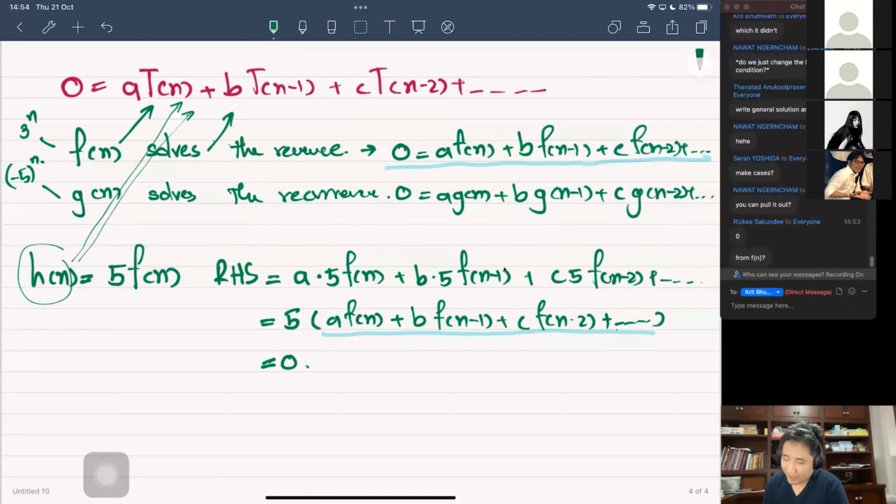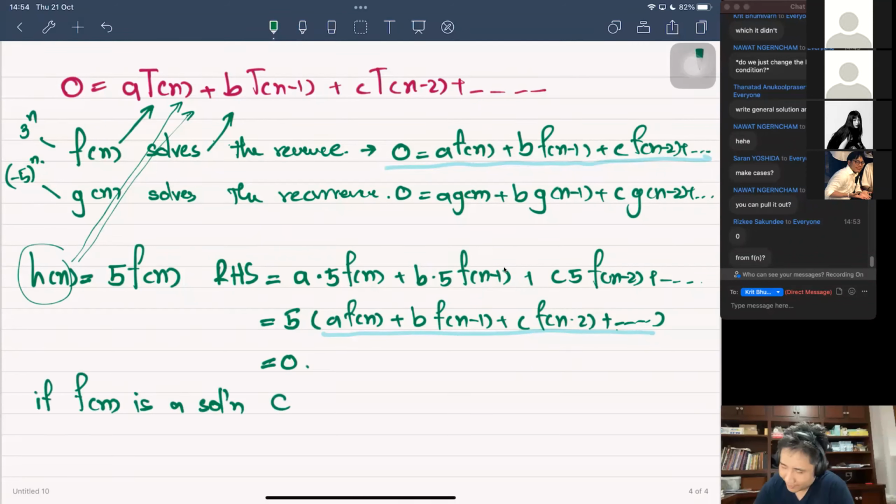So now you learn one very important fact: if you multiply a solution by a constant, you still get a solution. So the first fact that you learn: if f of n is a solution, c, some constant, times f of n is also a solution.